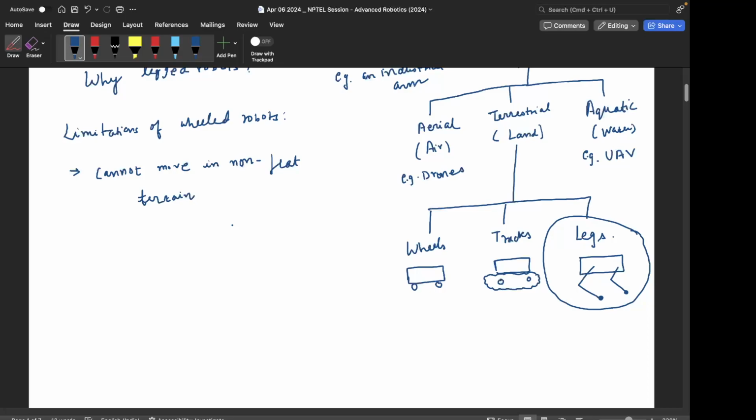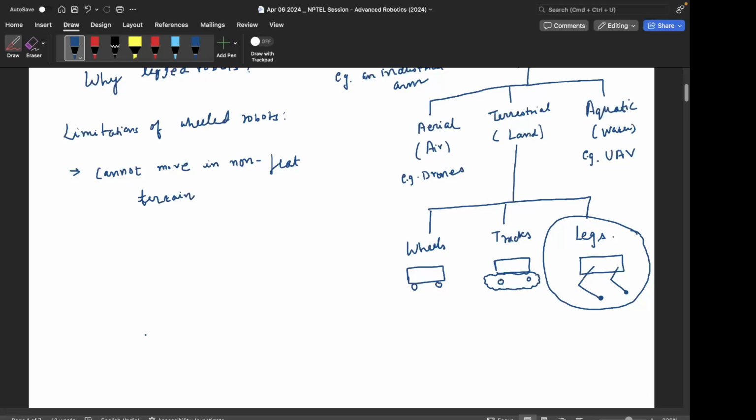Right, so wheels need a relatively flat and structured environment to move in, and if the size of the gap or the obstacle or the unevenness is much more than the size of the wheels which are there in the robot, then it cannot cross it, right?